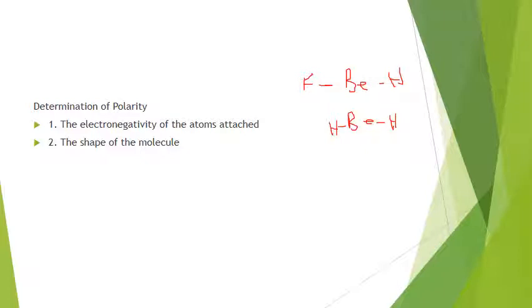They have the same shape. They have different polarities because of the different atoms attached. And so the electronegativity of fluorine changes the polarity.